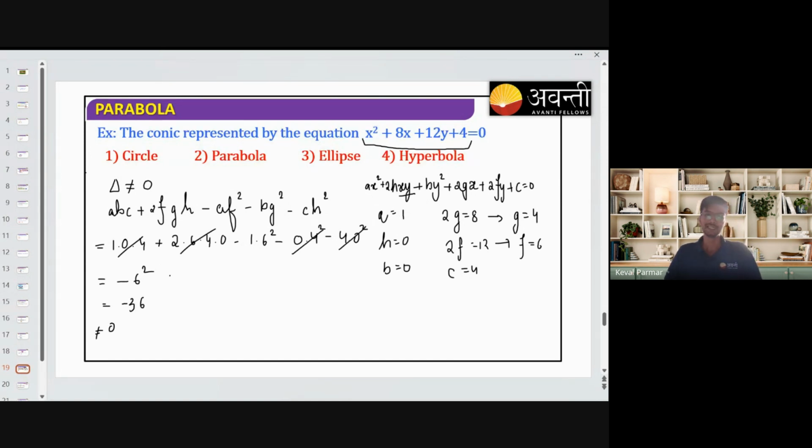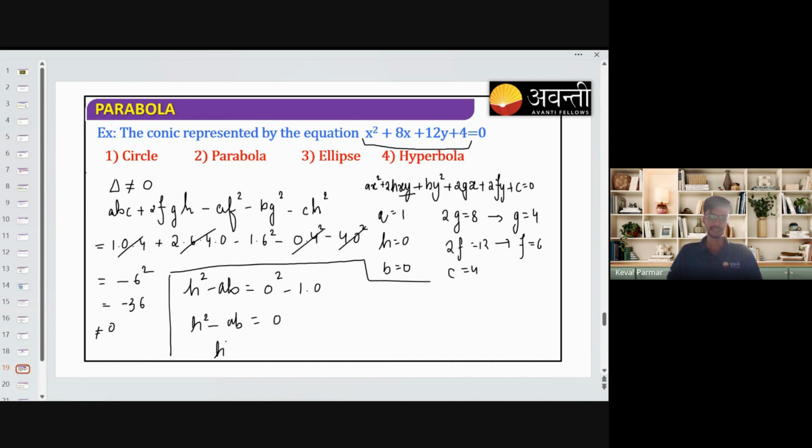Now let's check the other condition. I hope we didn't make a mistake. The other condition was h square minus ab. So h square minus ab is 0 square minus a into 0, which equals 0. So if h square minus ab equals 0, that means h square equals ab.